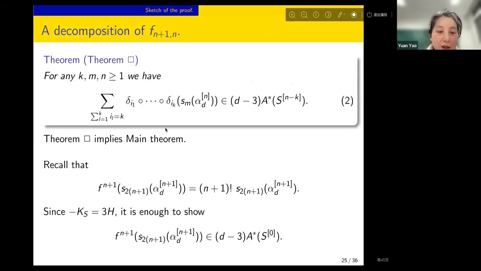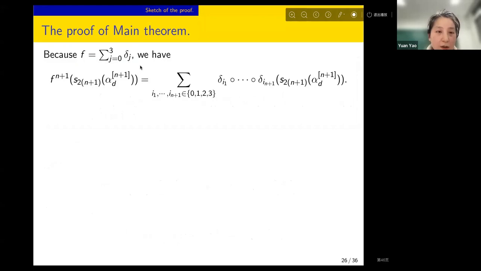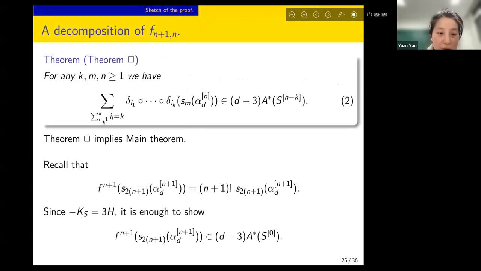Why this? So now we have this formula. This is the theorem, but we have F. This is our decomposition for F. So once we do this repeatedly in F n, for n plus 1 times, then we should have all these things, all the possibilities. But we only need to consider all these terms in this theorem squared.